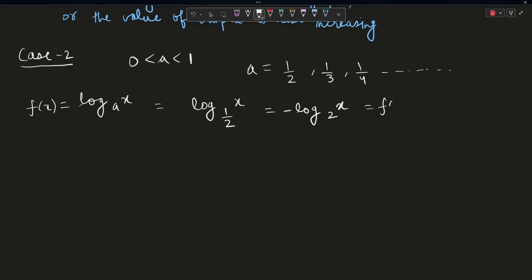This is the function that we are going to take to plot the points, right?